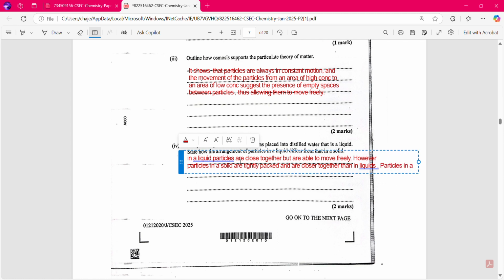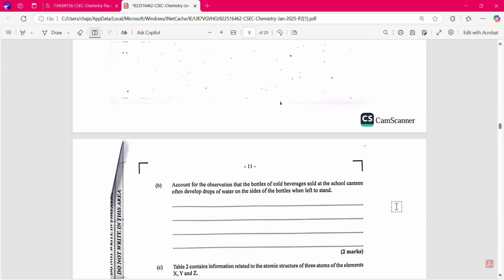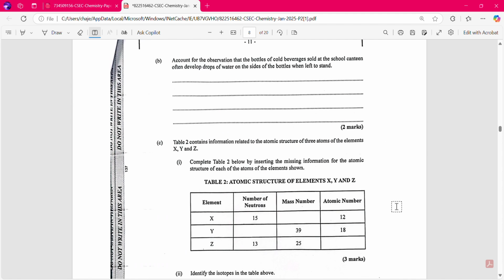Particles in a solid are only able to vibrate. Alright, that's 2 marks.